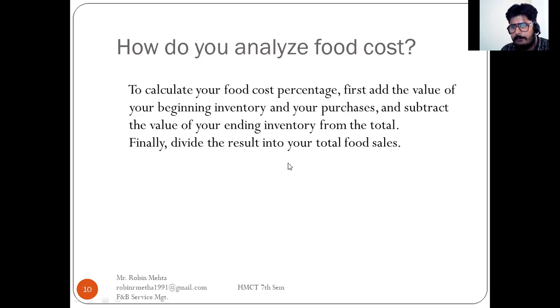Then you subtract the value of the ending inventory, whatever amount of food you are left with after the month or week. You minus that and you get the food cost. Finally, divide the result by total food sales.